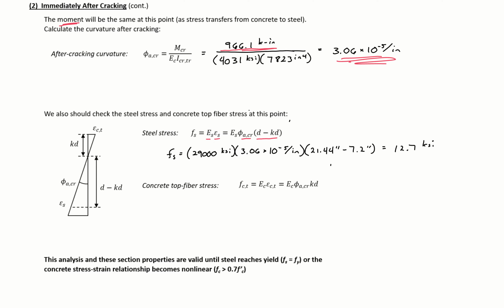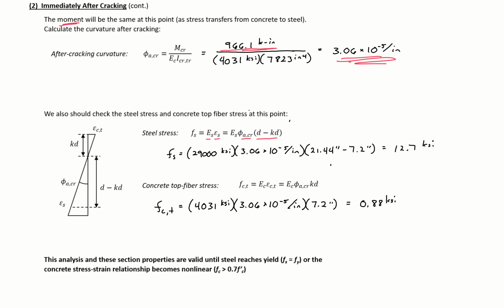So here we're finding our fc at the top, and this will be equal to our Ec, 4,031 ksi, times our curvature, 3.06 times 10 to the negative fifth radians per inch, times our KD, 7.2 inches. And this will give us a stress of 0.88 ksi. So that's our maximum compressive stress in our concrete.